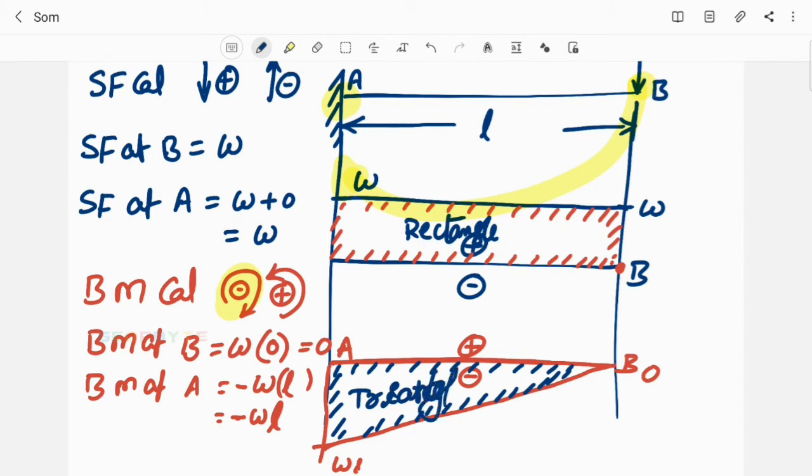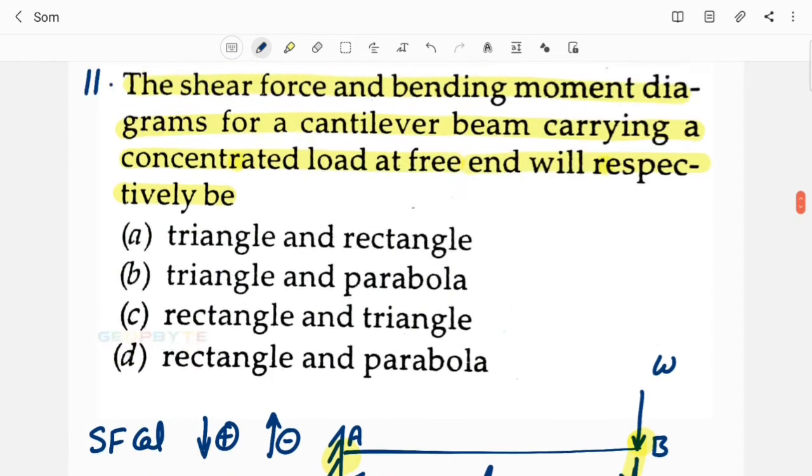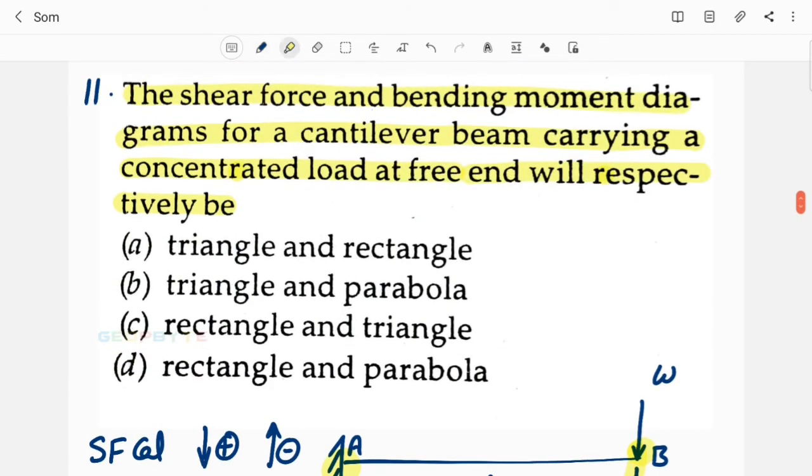Look at the answers. It is asking about the shear force and bending moment diagrams in order. Shear force diagram is a rectangle, bending moment diagram is a triangle.